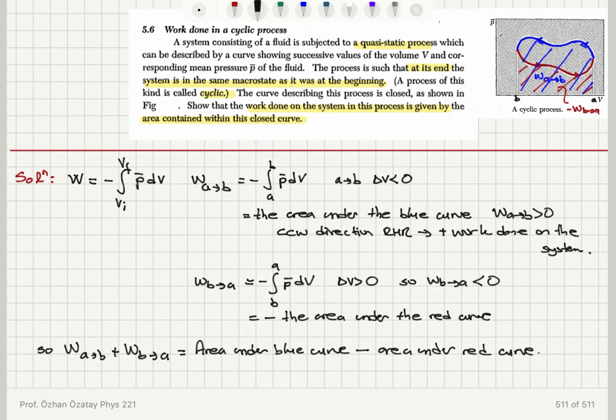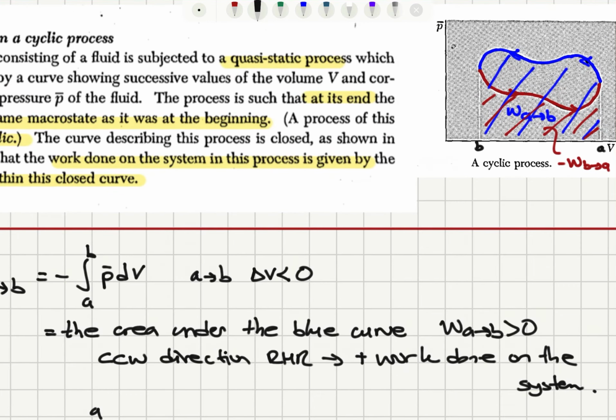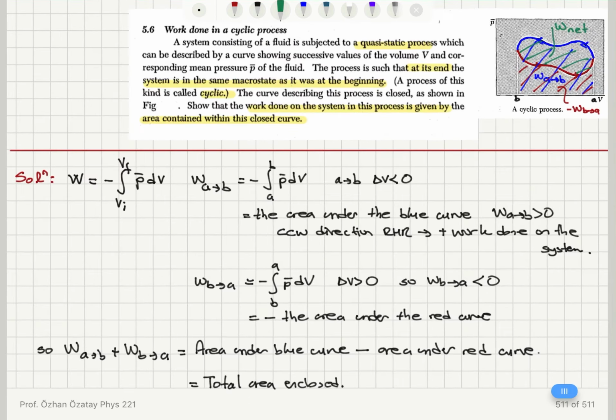So this is equal to the total area enclosed. If I subtract from the area under the blue curve the area under the red curve, then I'm left with this area, which is W, the net work done on the system in performing this cyclic process.